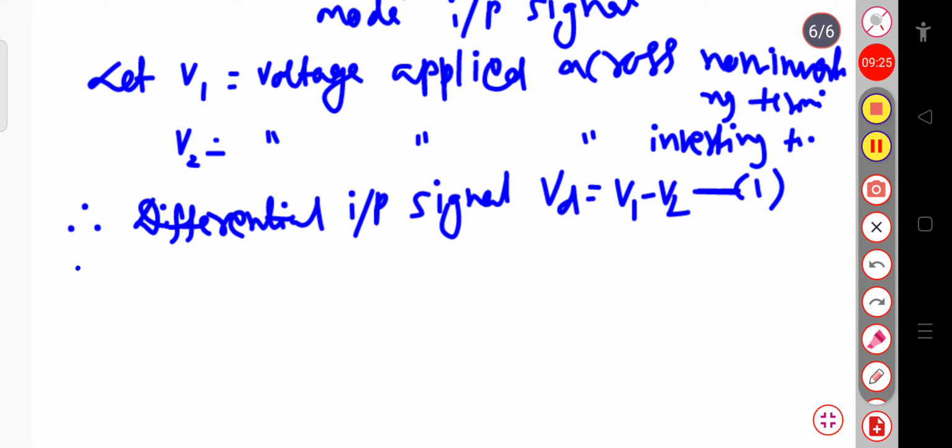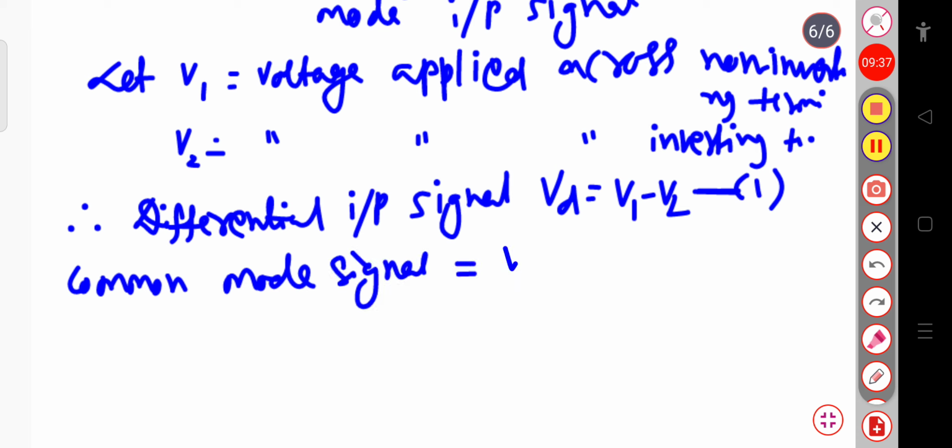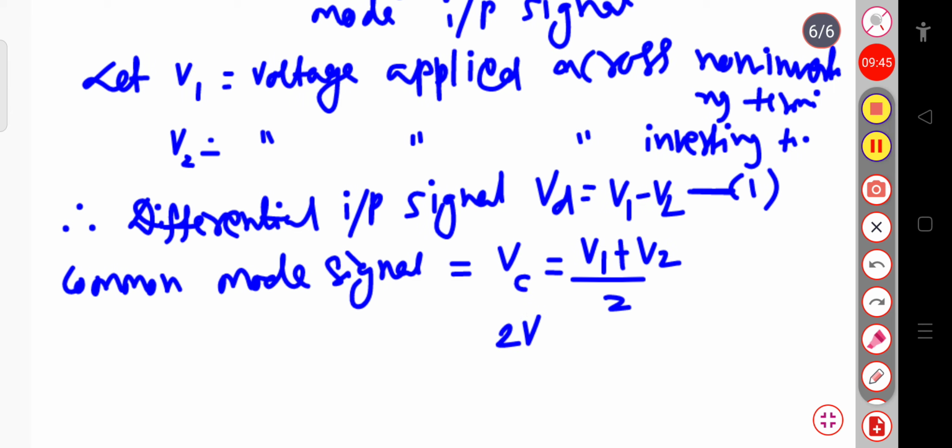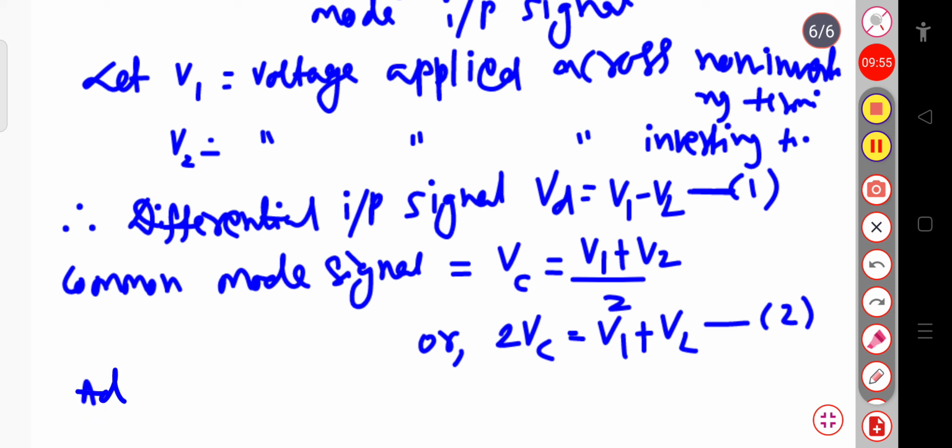And similarly, the common mode signal, also known as the average input signal, is Vc equal to V1 plus V2 divided by 2, or we can write 2Vc equal to V1 plus V2. This is suppose equation 2. Now adding equation 1 and 2, you can see V2 gets cancelled.